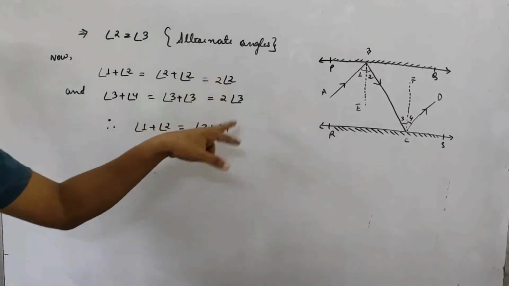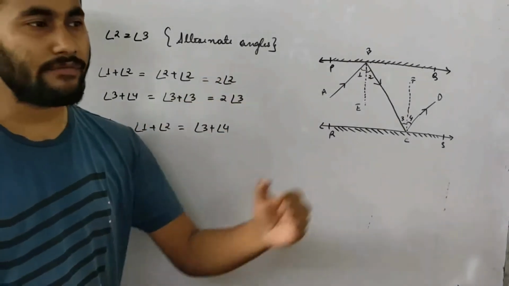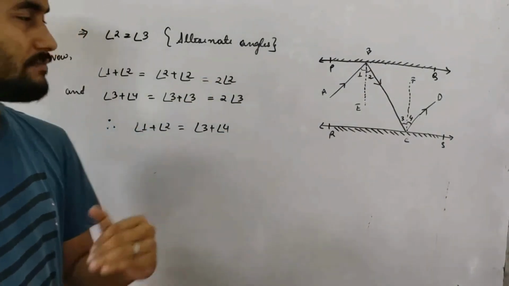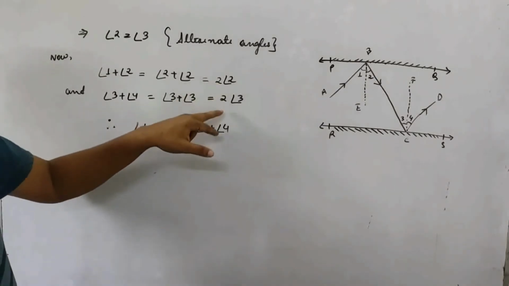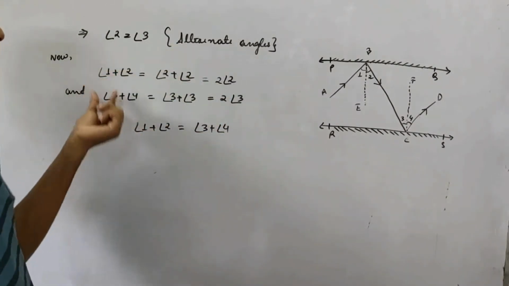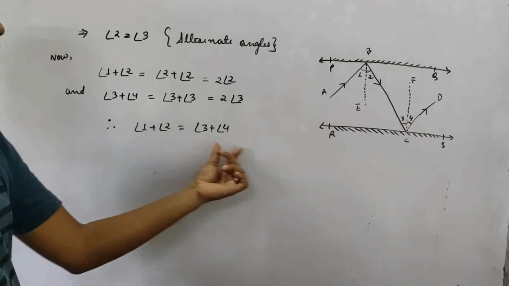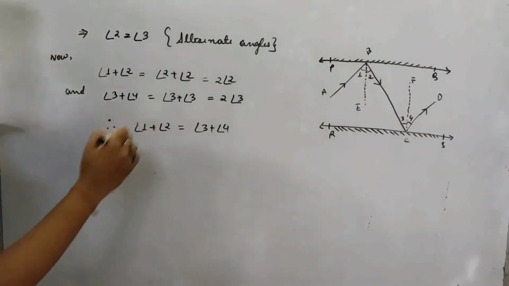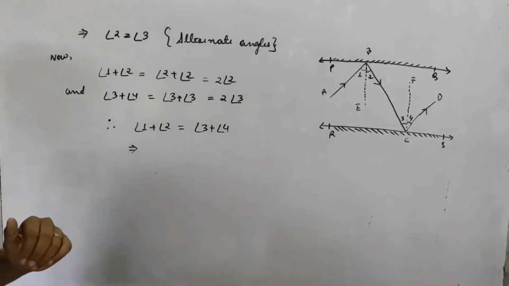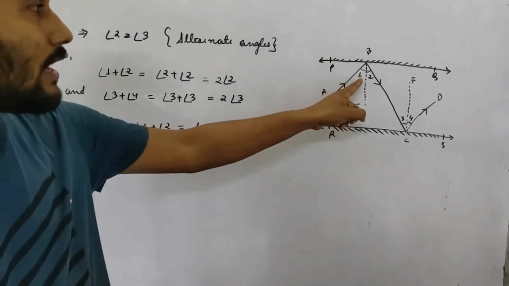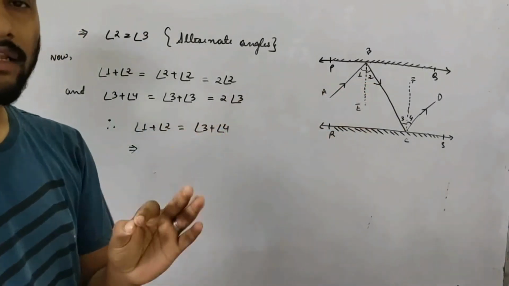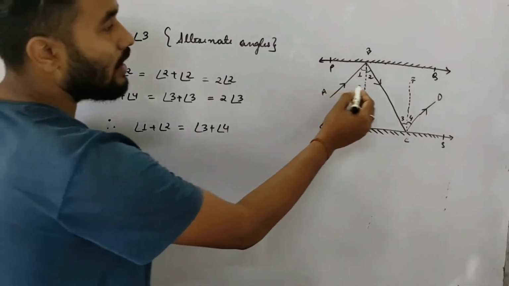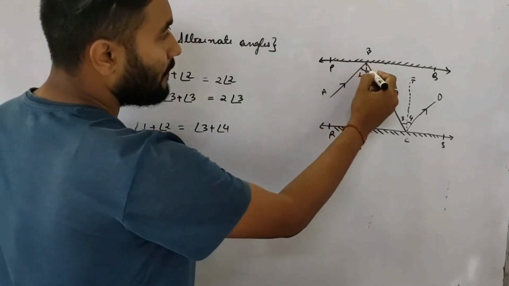Understood? This is a simple rule: if the right hand side is the same, the left hand side will also be the same. So angle 1 plus angle 2 will be equal to angle 3 plus angle 4, which implies, now what is this angle 1 plus angle 2? Now you have to write the proper name. Angle 1 plus angle 2 is this complete angle.